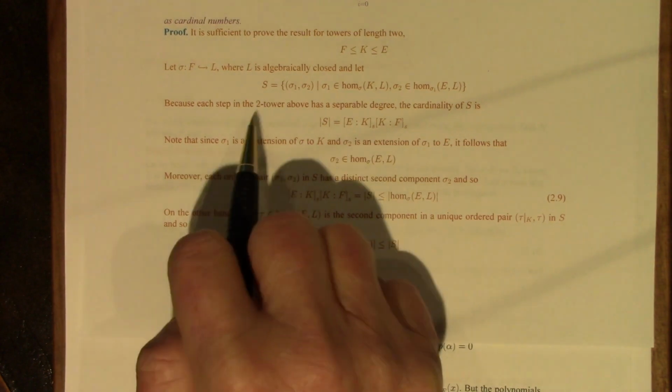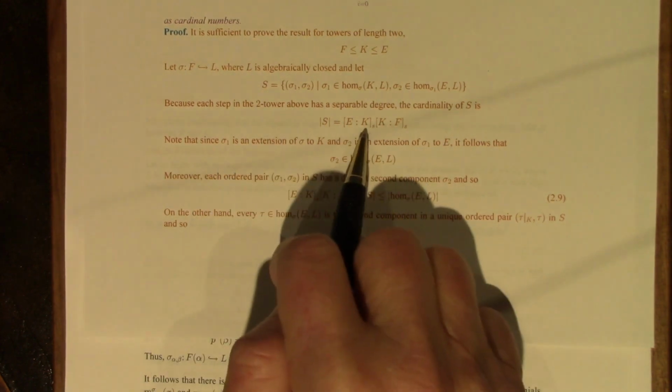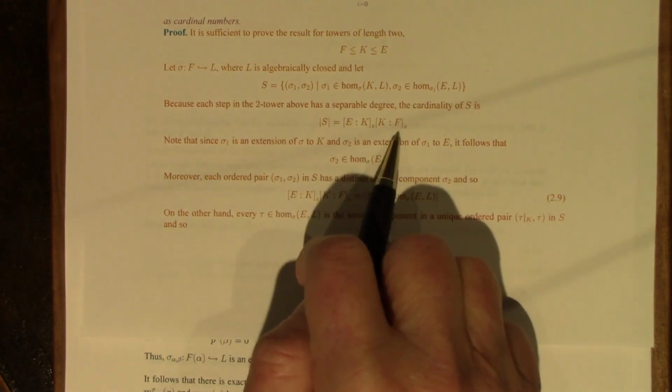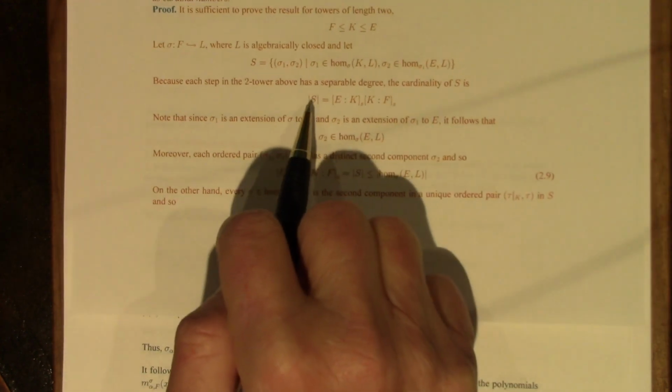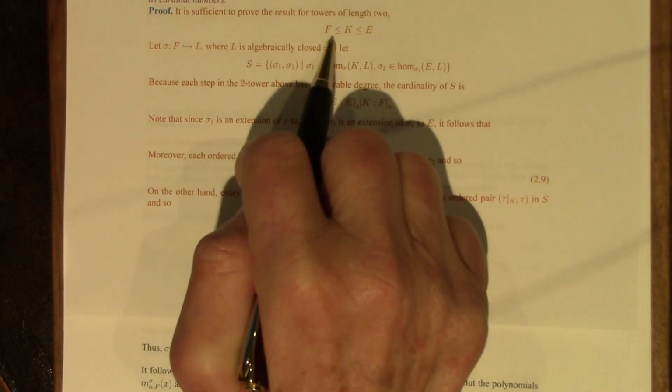But because we're assuming each step has a separable degree, those cardinalities are equal to the separable degrees. So the cardinality of S is the product of the two separable degrees from the two steps in the tower.